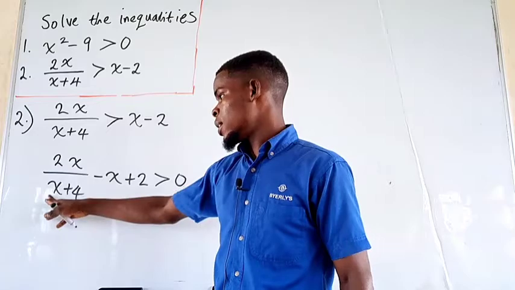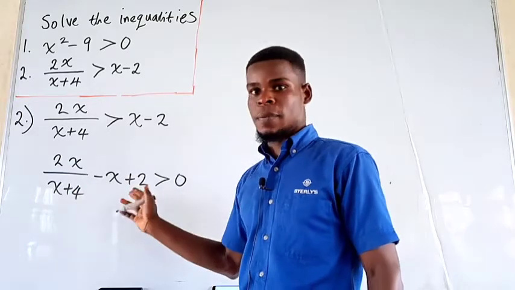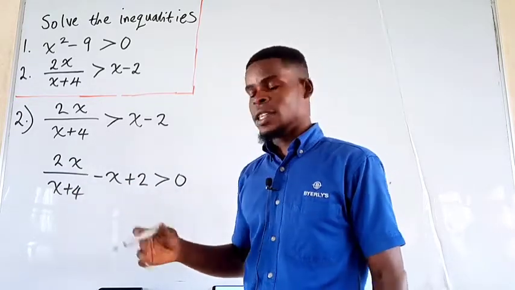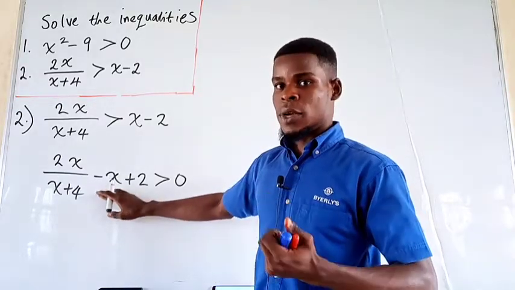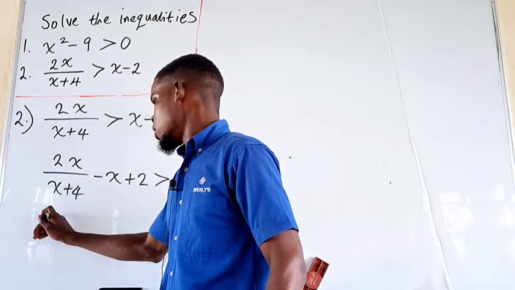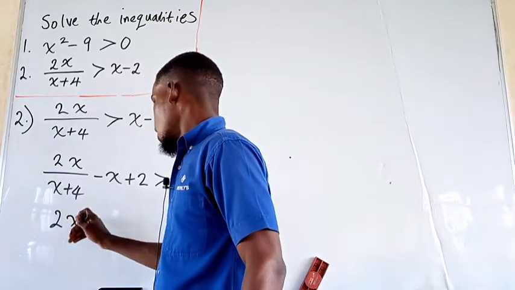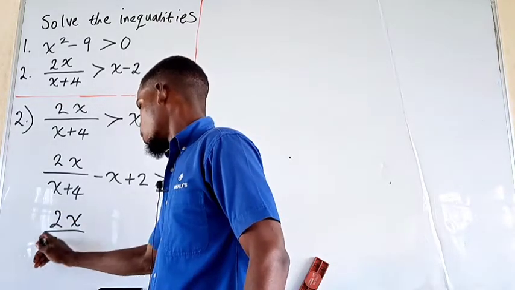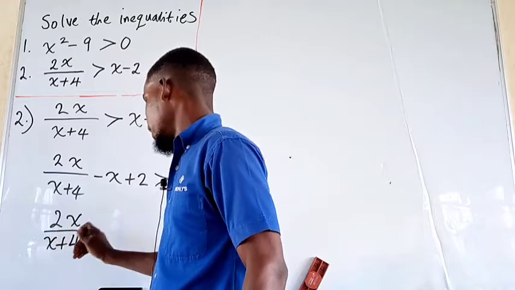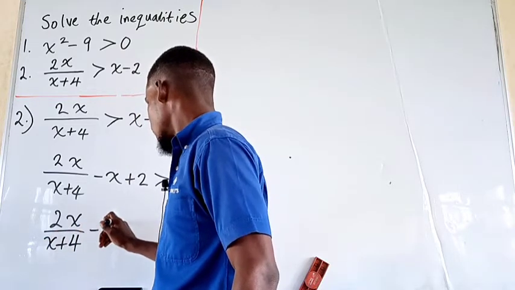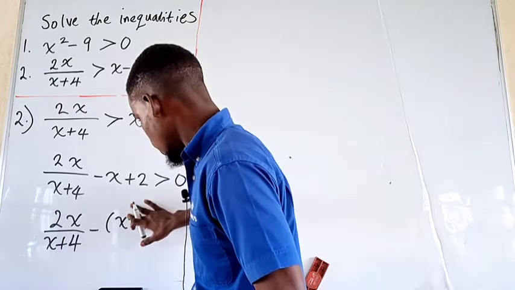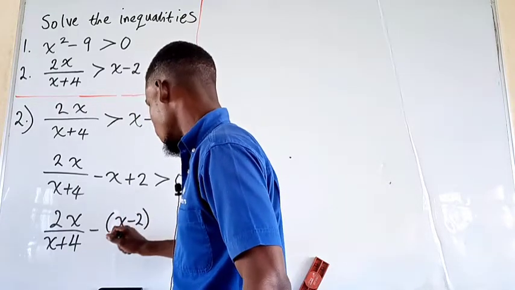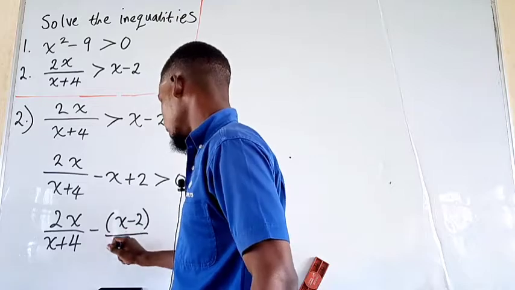I would like to get the denominator to be common for everybody. I will rewrite this in another way, which is the same thing. This is 2x over x plus 4, minus x minus 2, over 1.